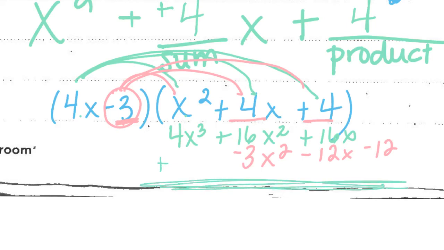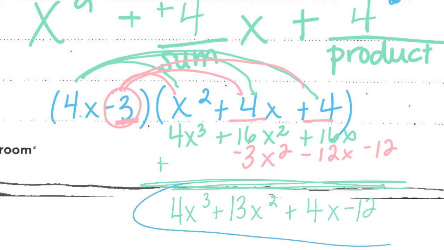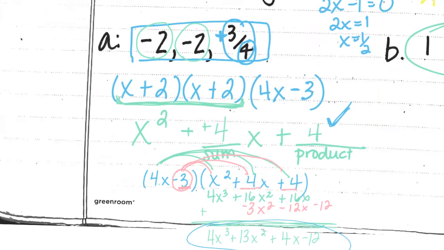It's fine if you like to show it all in one line. I got 4x cubed plus 13x squared plus 4x minus 12. And no matter how you do this, if you go ahead and write out the factors like I showed you here and FOIL these all through, you'll get the exact same answer for example A.